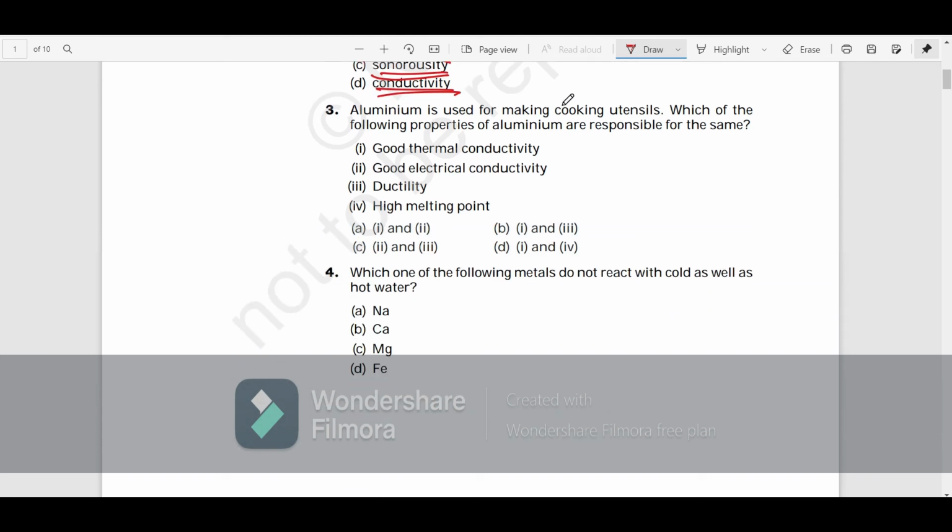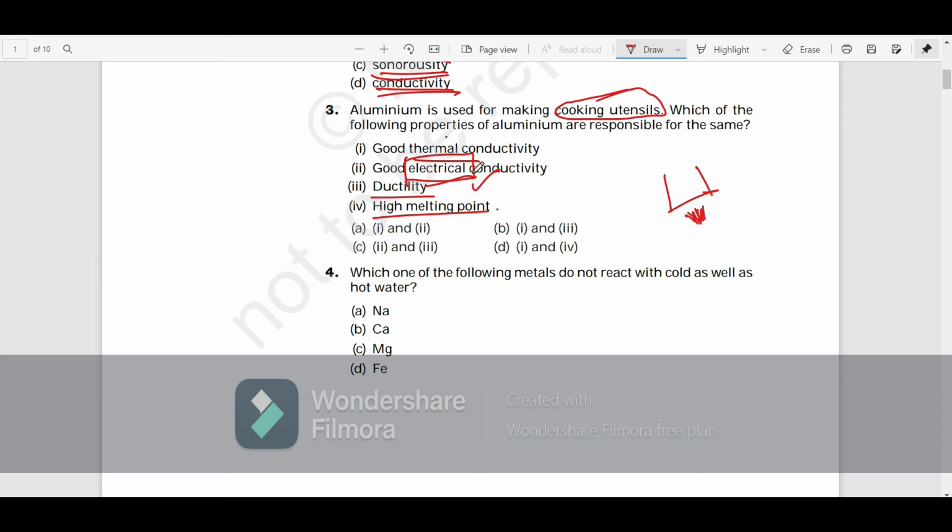Okay, aluminium is used for making cooking utensils, right? Which of the following properties of aluminium are responsible for the same? Is it thermal conductivity, electrical conductivity, ductility and high melting point? Should it be electrical conductivity? We are going to keep the utensil on some fire, so what is the point of electrical conductivity?